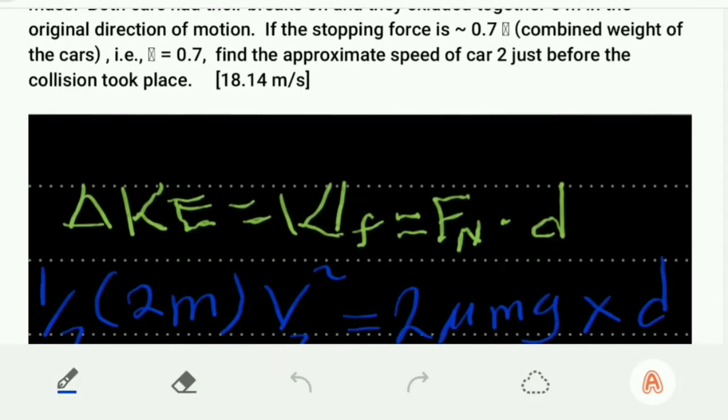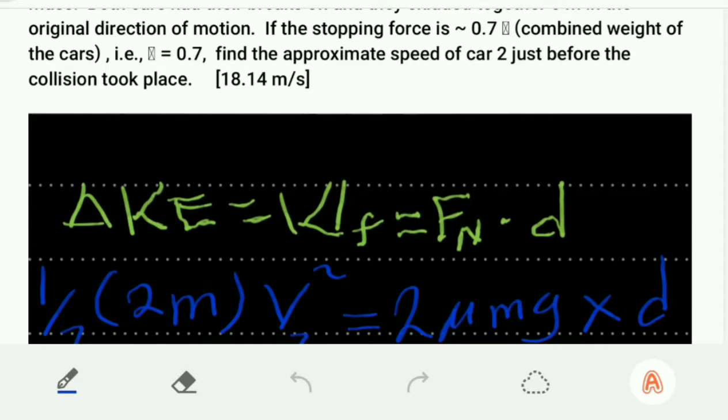as you can see here, we have this equation to say as the vehicles begin to skid, there's that change in kinetic energy, because they are moving with the speed v. But because their masses are combined together, we are going to have 2m instead of just m.